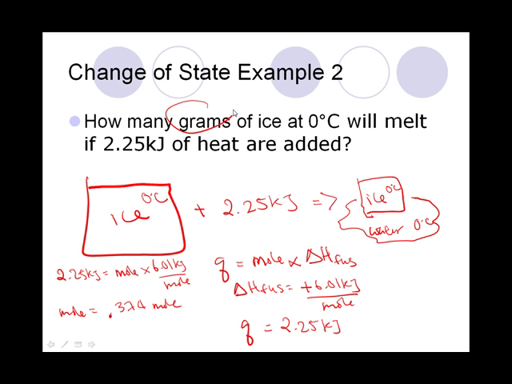But the question is asking for how many grams of ice, and so I'm going to have to convert that into grams, and so I would have to do my picket fence once again and put 1 mole over 18.02 grams, and that comes out to be 6.74 grams of ice that would melt and become 0 degrees Celsius water.